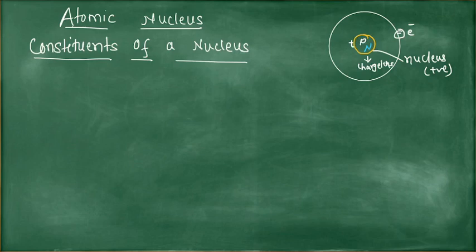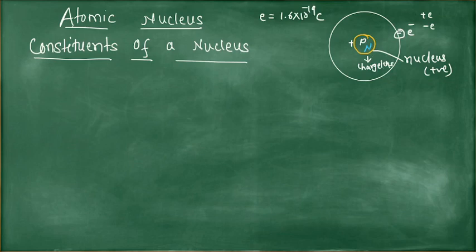The magnitude of charge on a proton is the same as the magnitude of charge on an electron. So on a proton the charge is plus e and on an electron it is minus e. What is the value of e? It is 1.6 × 10^-19 coulomb. Neutrons are chargeless.